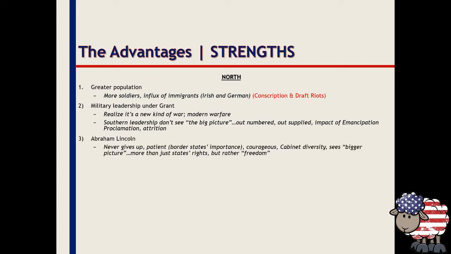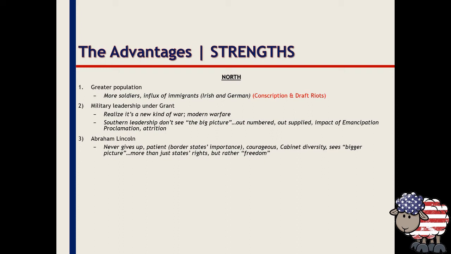Now, Abraham Lincoln is also a significant strength for the North. He never gives up. He's very patient regarding what to do after the South secedes, which is very significant in maintaining the border states, keeping them in the Union. He's very courageous. His cabinet was full of a lot of people who opposed him.